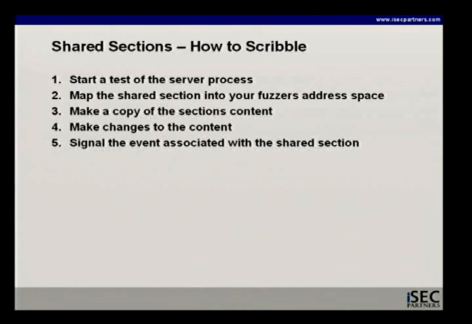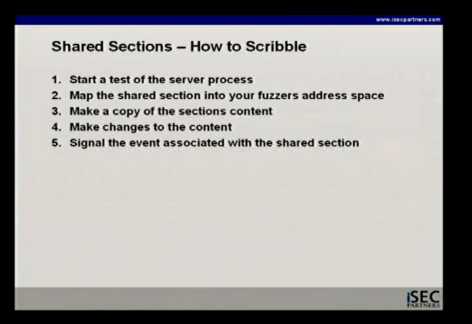Then you map the shared section into your fuzzer's address space, make a couple of changes, and start signaling the server, hey, try now, try now, try now. And you've got your WinDbg running. Maybe you've set it as your post-mortem debugger by saying windbg -I. You should be able to find non-synchronization based issues with the parsing routines.